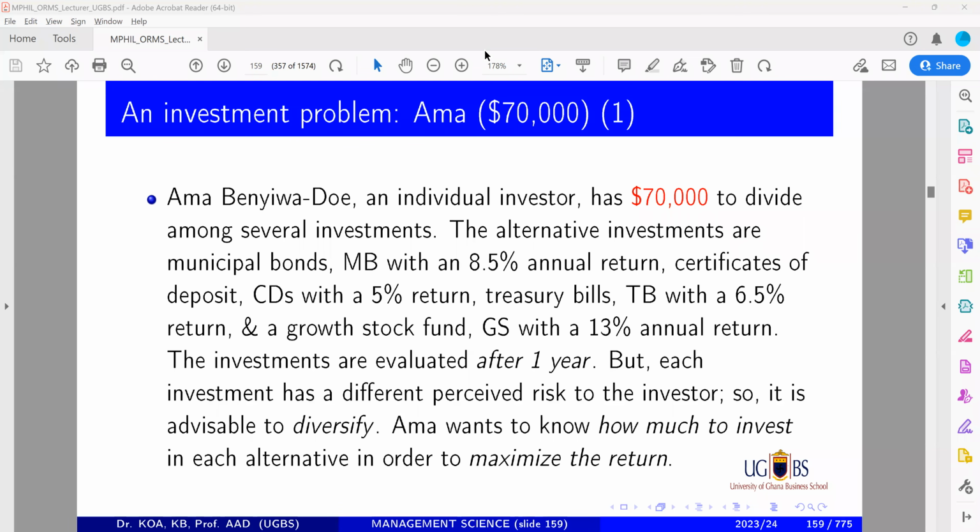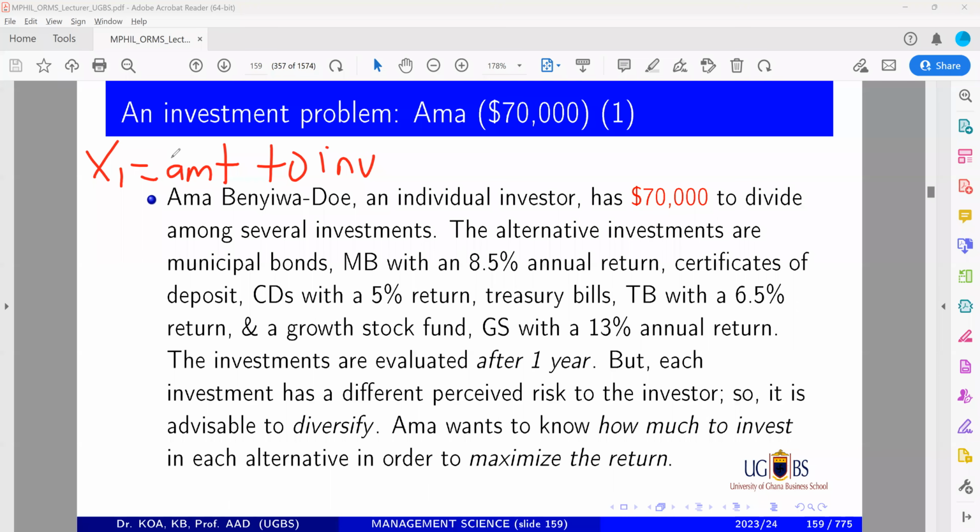She's now thinking, how much of this $70,000 do I put into these municipal bonds? So if we are talking about the decision variables, it becomes X1 is, say it again. Divine, say it again. Amount to invest in MB.